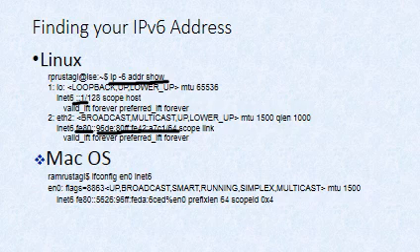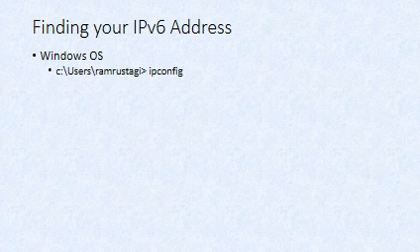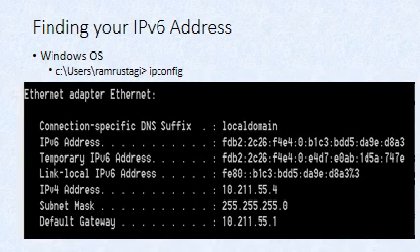If you are using Mac OS, you can give a command ifconfig with your interface name, for example en0 inet6. It will display your IPv6 address. Again, if it is a link local address, it will start with fe80 colon, and the remaining part would be derived from your Ethernet address. In case you have Windows, you can give a command called ipconfig, and ipconfig will list out both your IPv4 and IPv6 addresses.